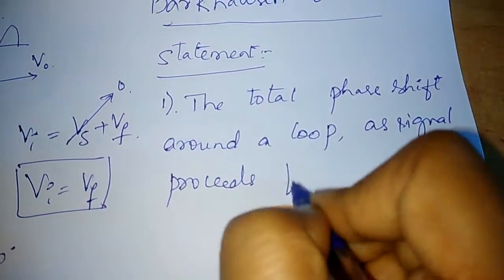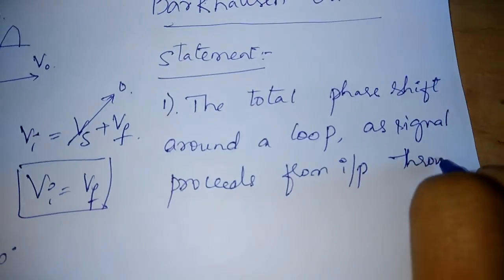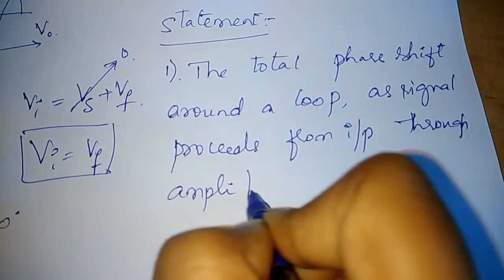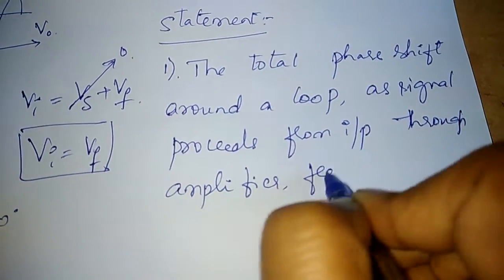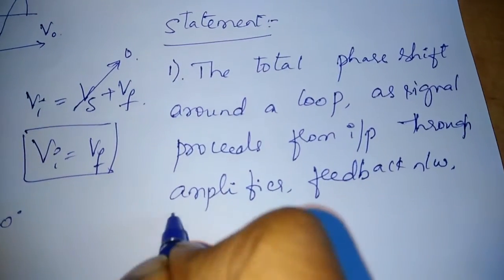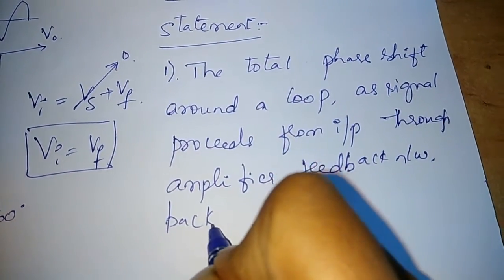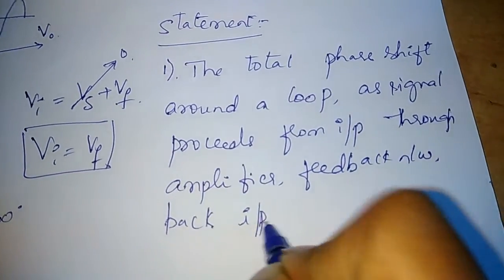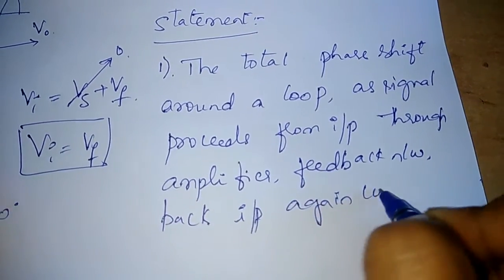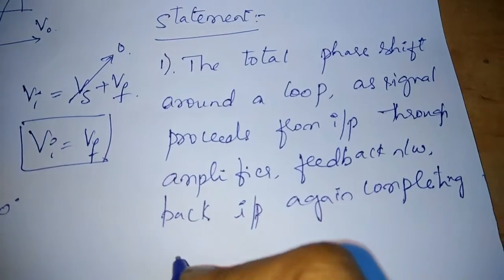proceed from input through the amplifier, through the feedback network, and back to your input again, completing a loop.